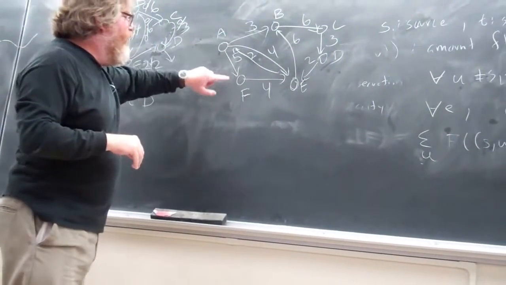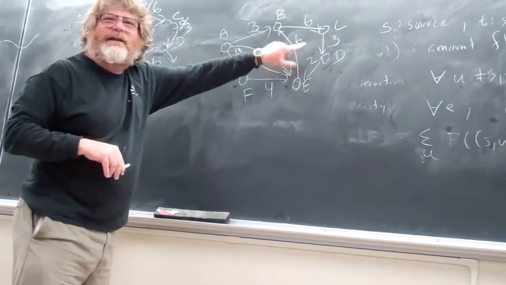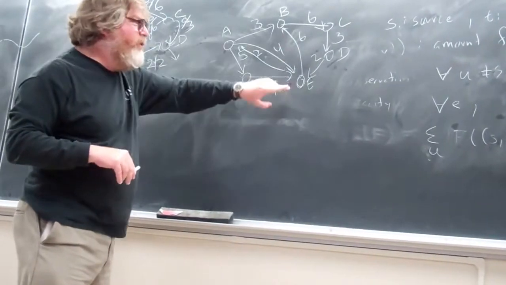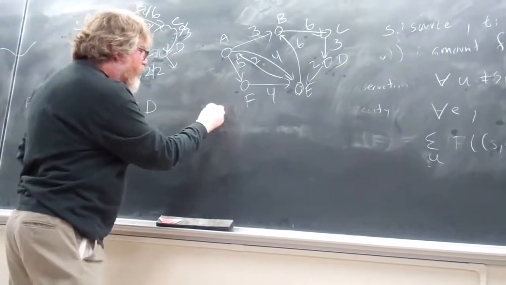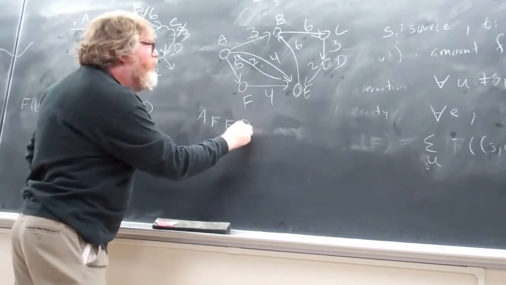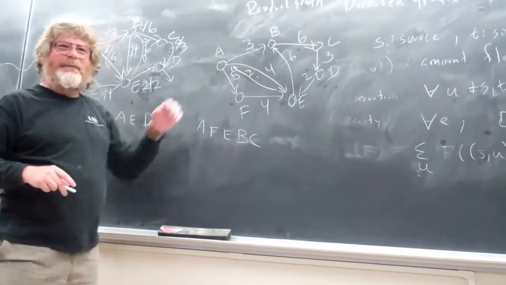We could go from A to F to E. Now we can't go to D because that edge now has been reversed because it was used to full capacity. Go B to C. Okay. And yes, I'm just using the more convoluted path. We could just use the top path. Okay.